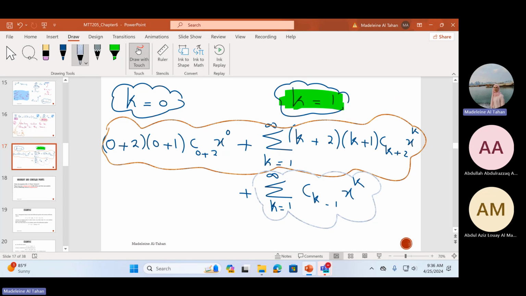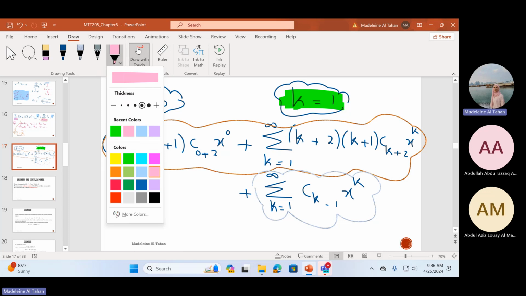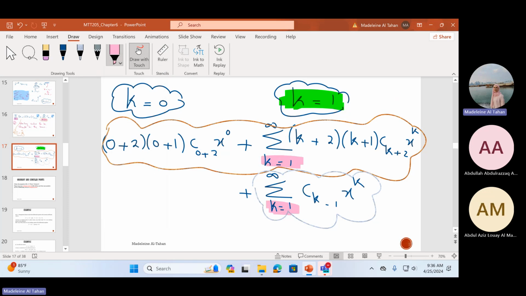Now, do they have the same starting value now? Yes. So now we are almost done. We can write them under the same series.